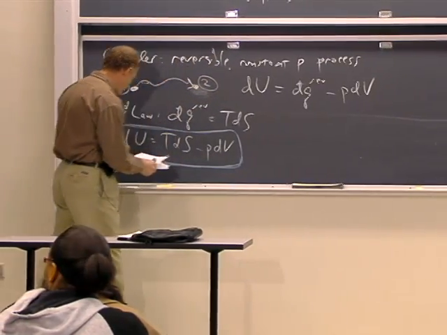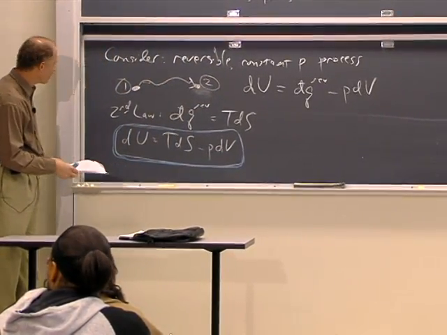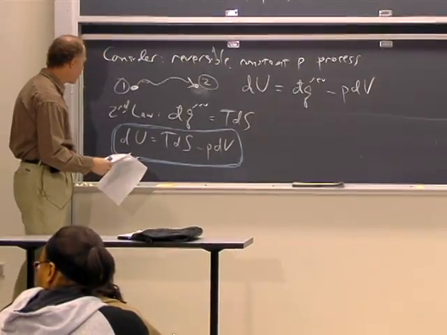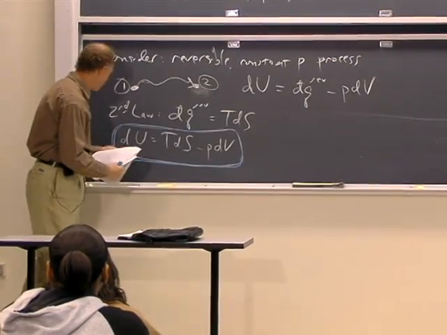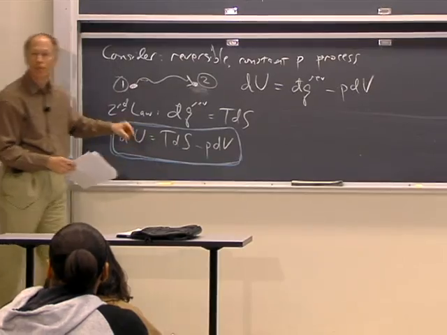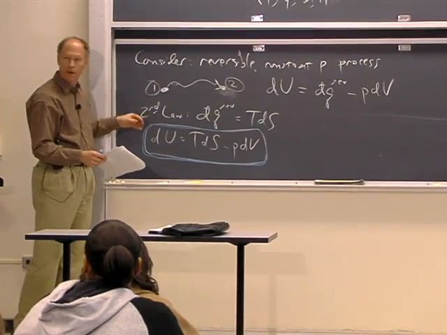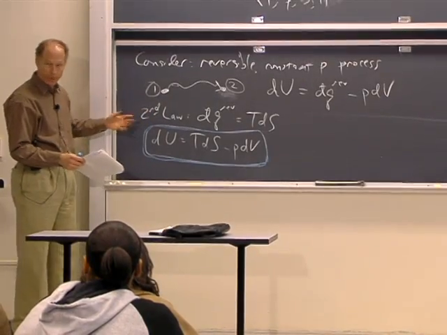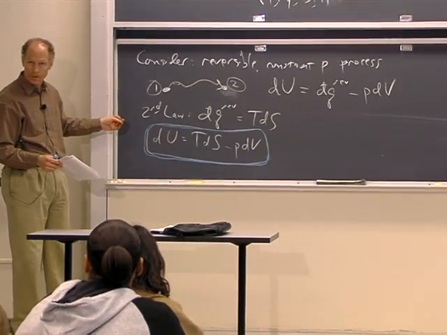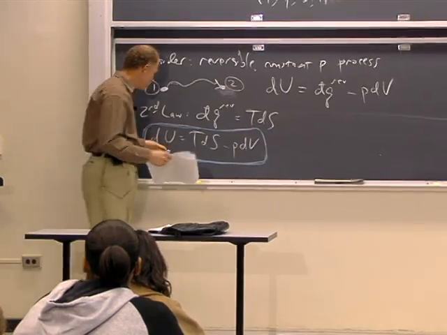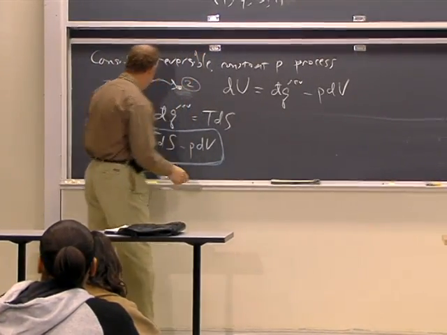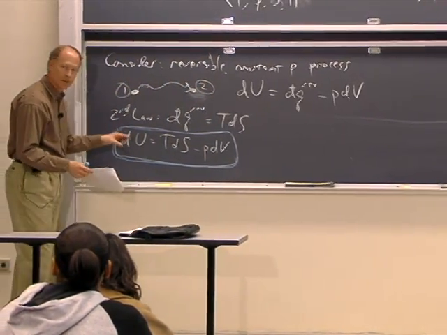So what that's telling us is that we can write U this way. And this is generally true. We got to this by considering a reversible constant pressure process. But we know U is a state variable, so this result is going to be generally applicable, and it tells us a couple of things too.